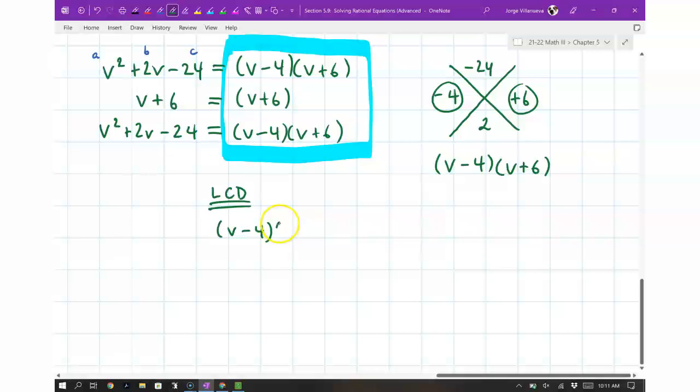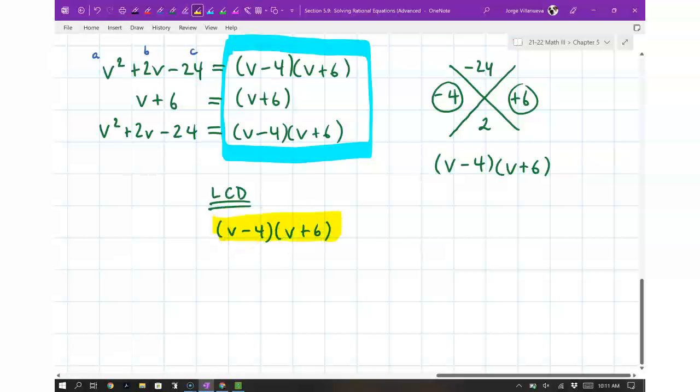I also see v plus 6's. That's another factor. And the highest power on the v plus 6's is a first, so there you go. This is my LCD. That's what I'm going to multiply everything by: v minus 4, v plus 6. So I'm going to highlight that for our notes.